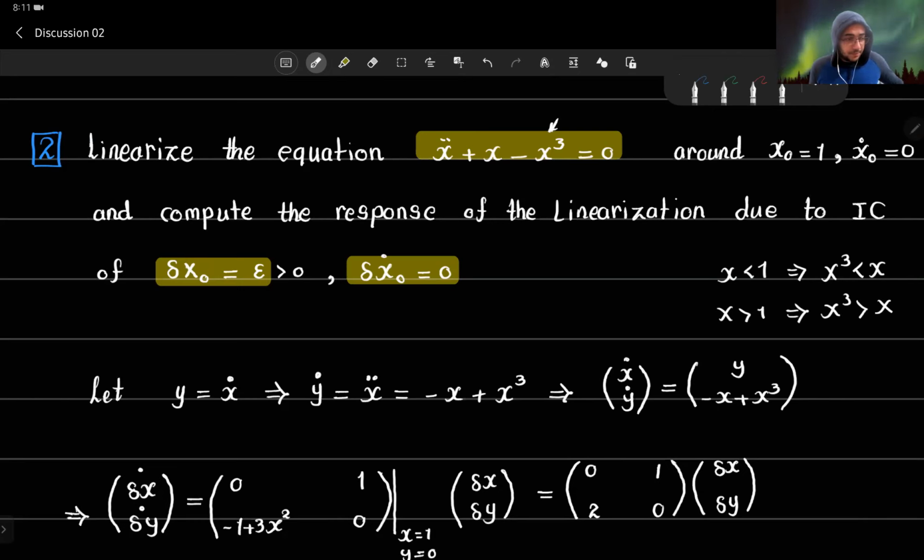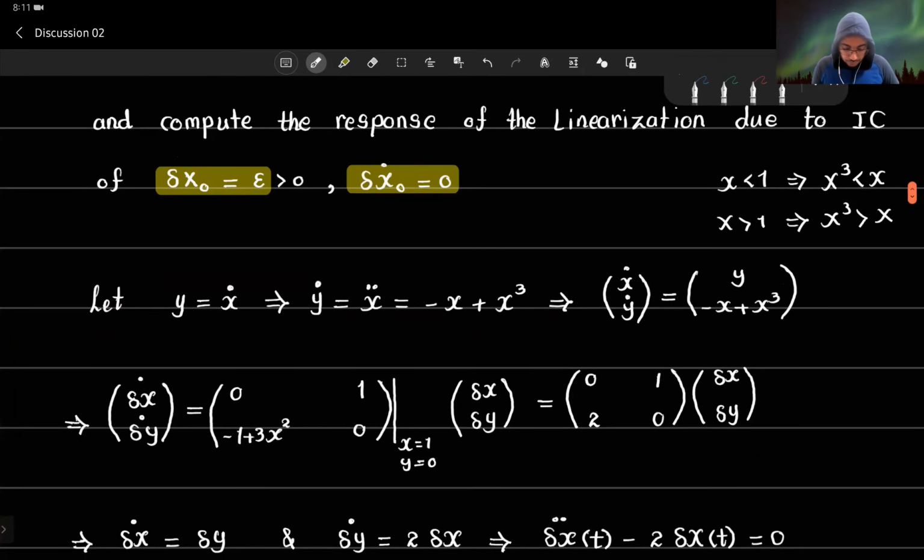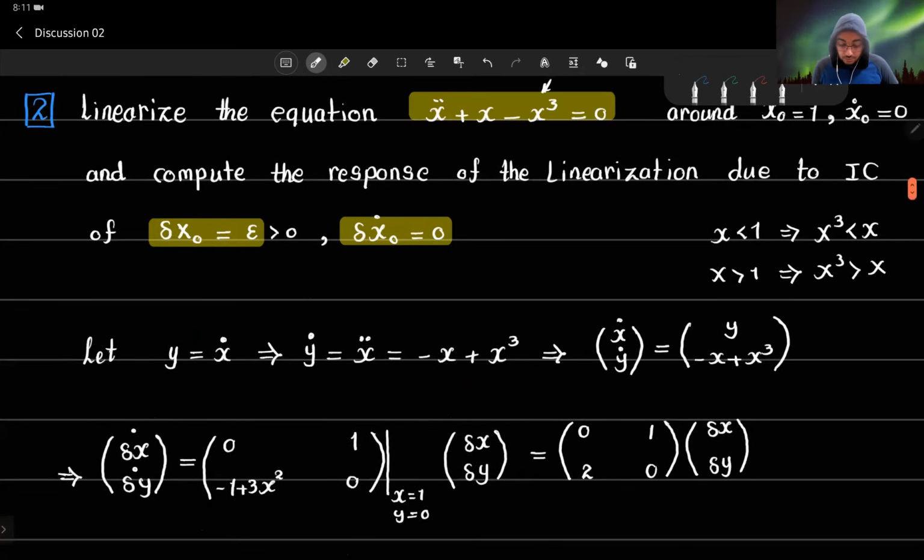So let's see what happens when we linearize the system. So first we let y equal to x dot. x dot is the velocity. And so this means that y dot is equal to x double dot, which is the acceleration. And from the equation of the system, this will be equal to negative x plus x cubed.